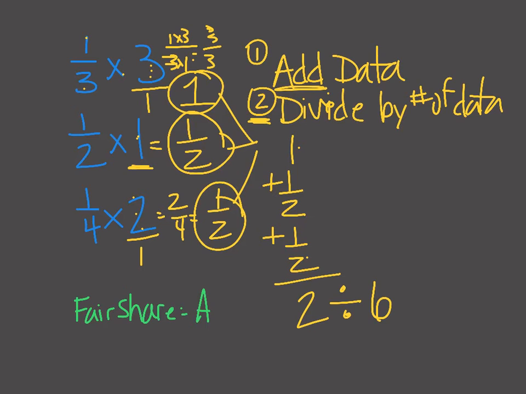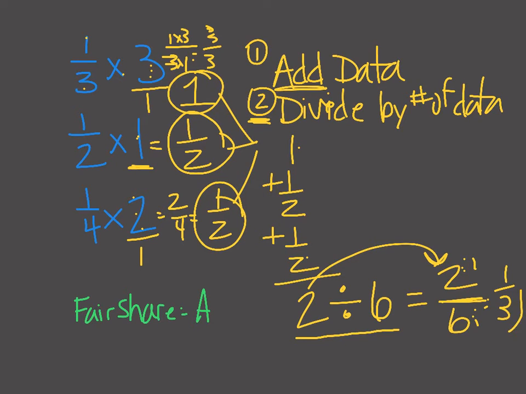That looks really weird, but I'm grateful for that lesson way back in chapter 10, lesson 1, when we said a division problem can be a fraction. So I'm going to take that 2, and that becomes my numerator, really 2 divided by 6, right? Got to put everything in lowest terms, divide them both by 2, and I get 1/3 final answer. So my fair share, my average is 1/3.